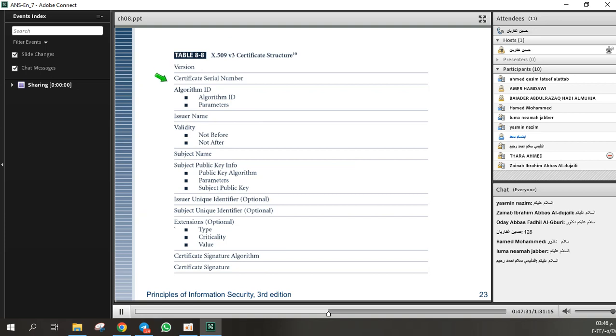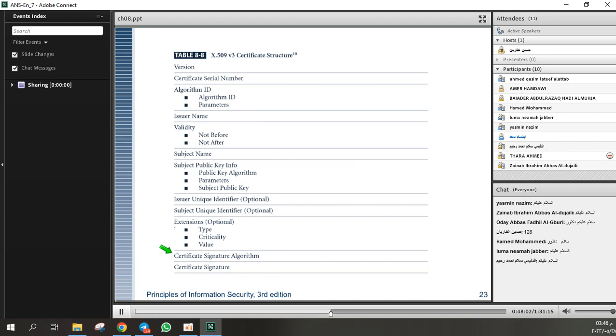In this structure, you can find version number, certificate serial number, algorithm ID, issuer, date of validation, subject name, some information about the public key, issuer unique identifier, subject unique identifier, some other extensions, and certificate signature algorithm and certificate signature.